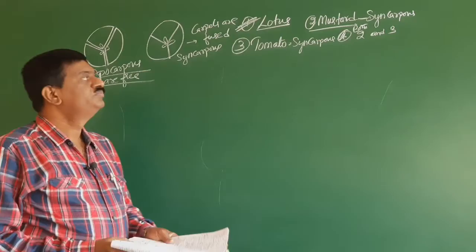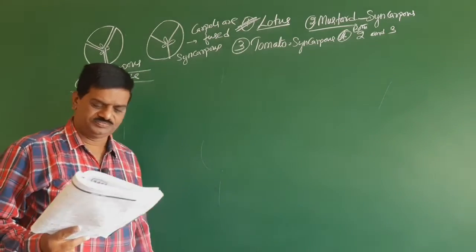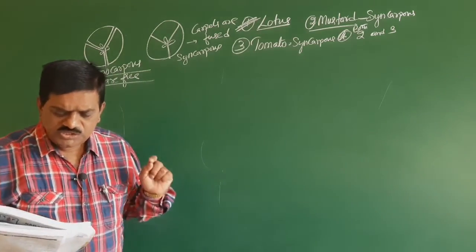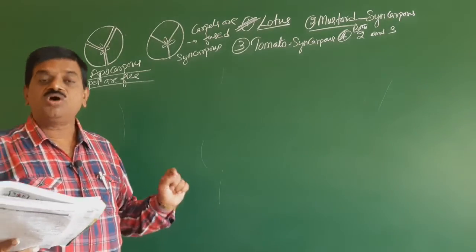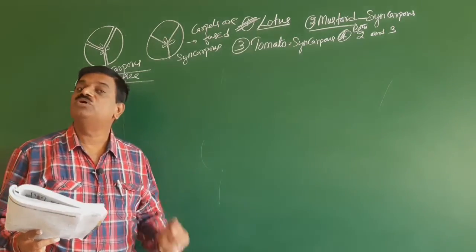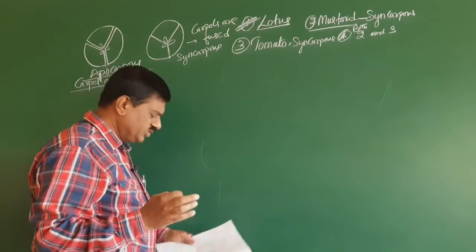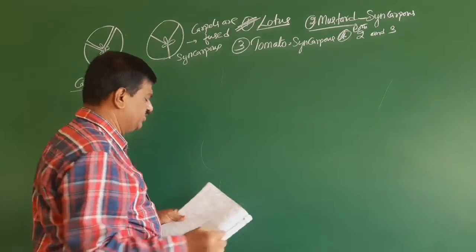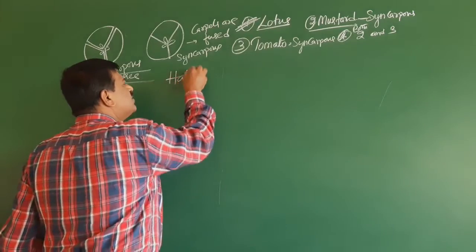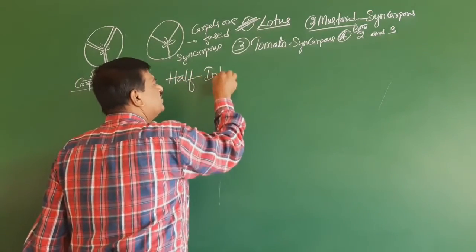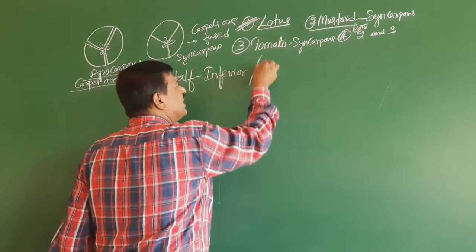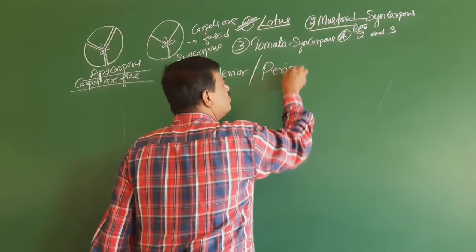So we go for the next question. The ovary is half inferior in a flower. The word half inferior, or we use the word semi-inferior, half is nothing but semi. Semi-inferior, half inferior is nothing but perigynous ovary.